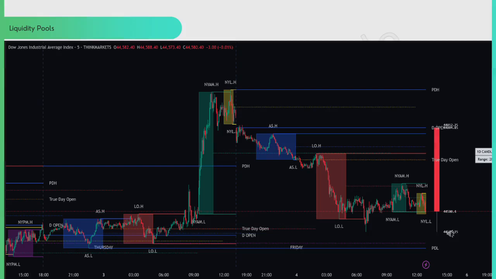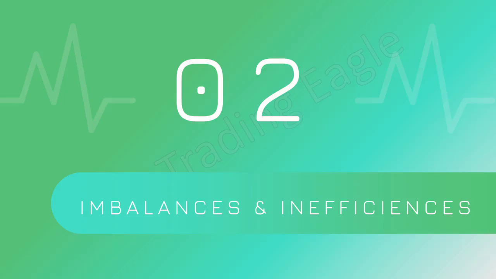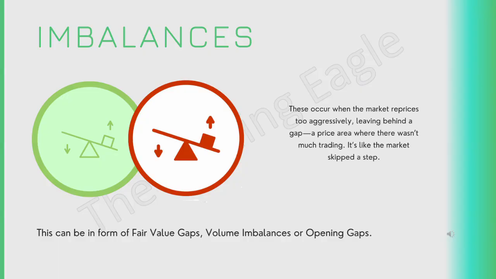Right. So imbalances. These occur when the market reprices too aggressively, leaving behind a gap in the price area where there wasn't much trading. It's like the market skipped a gap. And it's not actually repricing too aggressively, it's actually part of the coding, the engineering. It was designed to do that as well.